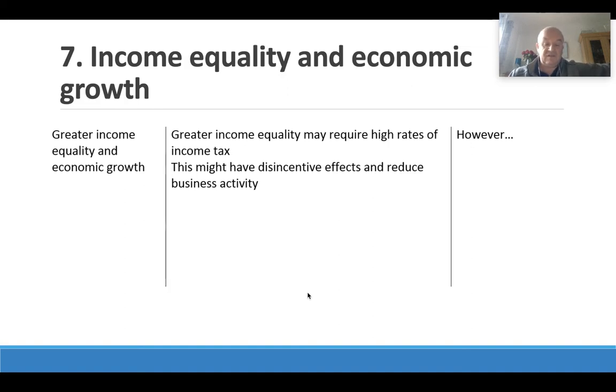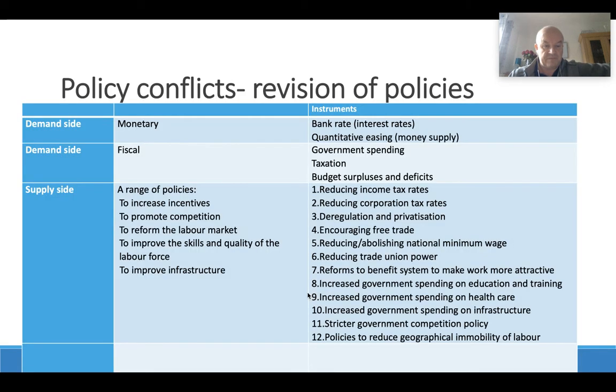Okay, now clearly in some instances one could argue that if that happens, then that's going to create disincentive effects and reduce business activity. However, again, there's an argument to say that there are other things that could be at play, and that would be an evaluative process for you to take a look at.